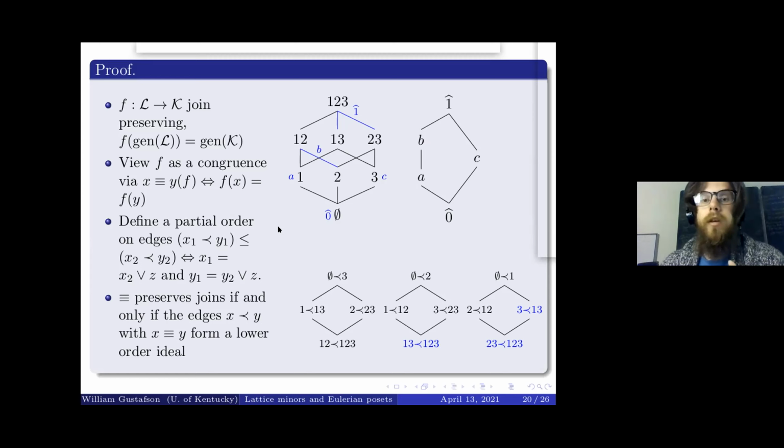But a congruence is going to preserve joins when the edges that are congruent, so these colored edges, form a lower order ideal in this poset here on edges. So loosely, this is saying you go down in this poset by sort of lifting your edges with a lattice element like this.